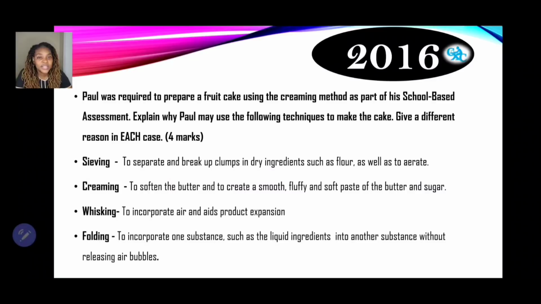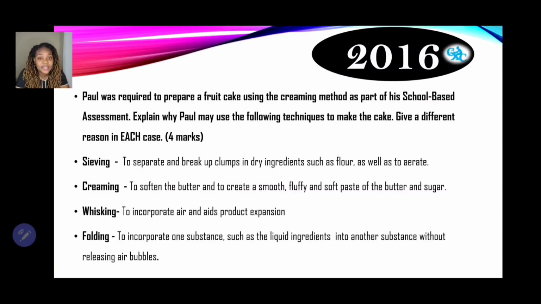So as we started off this session, we were looking at some different food preparation techniques that are important for you to know. Good. And as you can see outlined in this question, you must state the purpose of these techniques. Good. There is sieving, creaming, whisking, and folding.